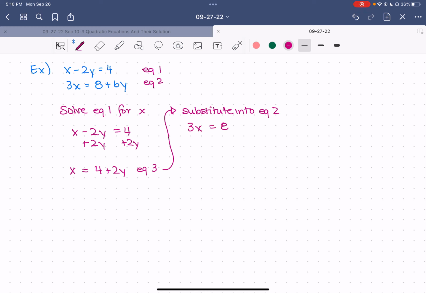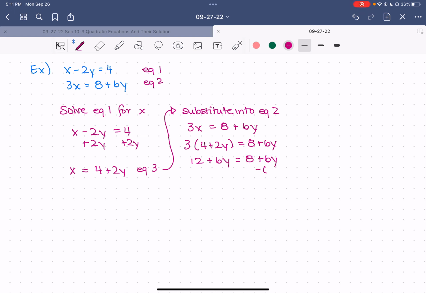3x equals 8 plus 6y. But now we know what x is. x is 4 plus 2y. So I'm replacing the x with what I think it is. So that's 12 plus 6y equals 8 plus 6y.